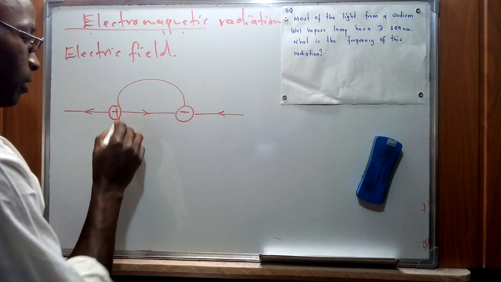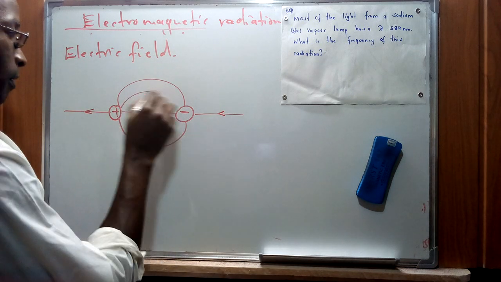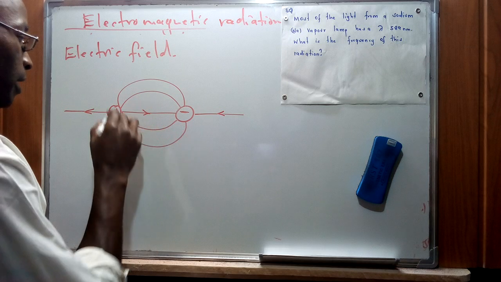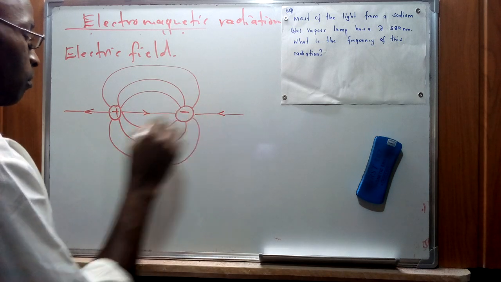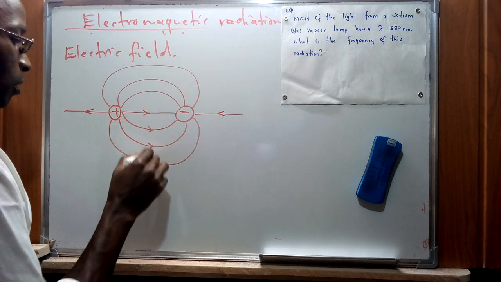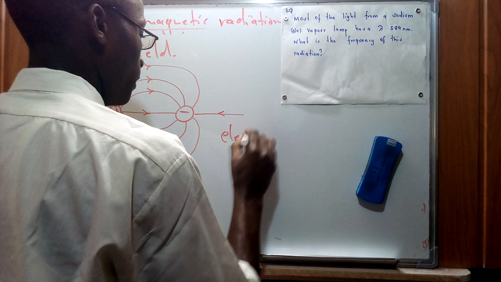The lines run from the positive to the negative, just as illustrated. So this is going to form what we call an electric field.